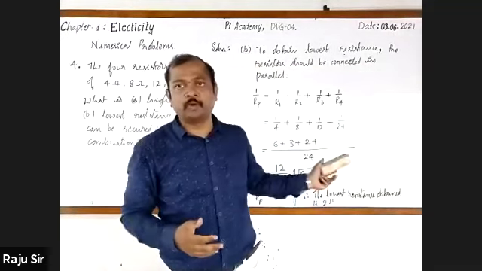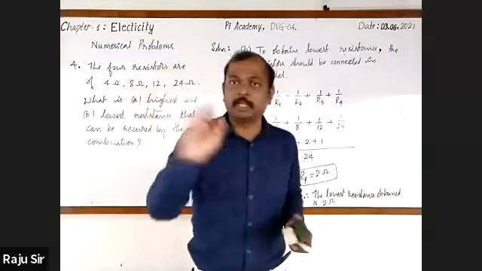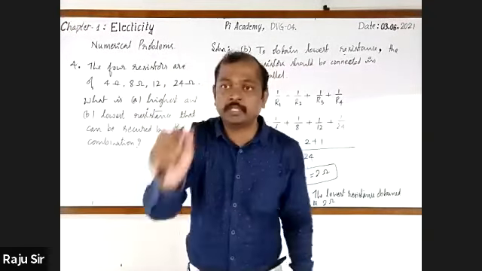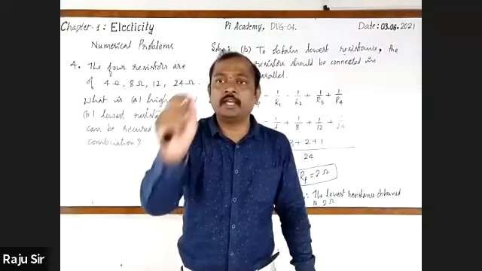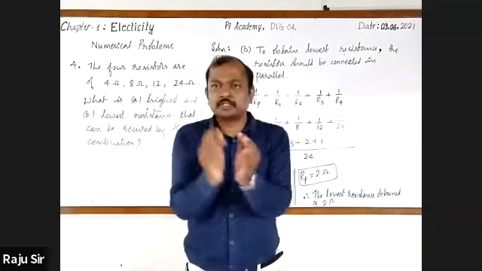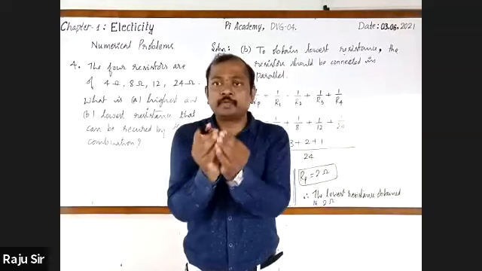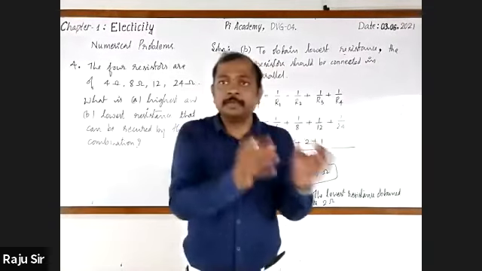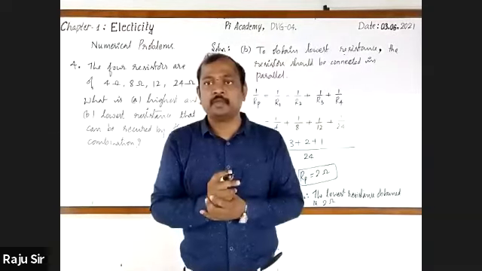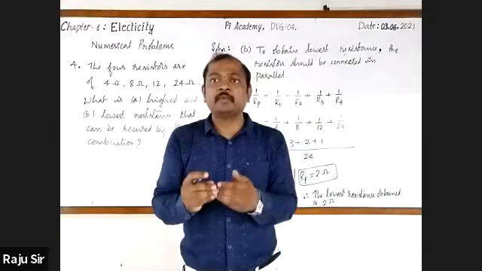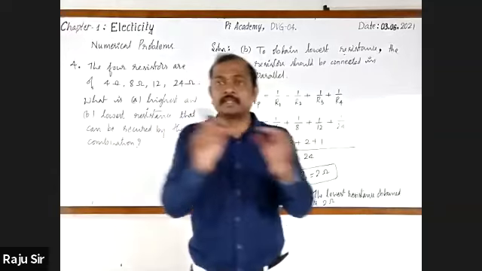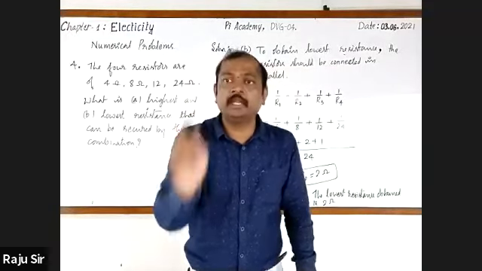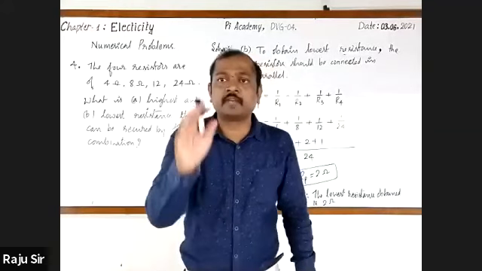Now in the fifth type, we are going to get the desired electric resistance. We will decide how to connect the resistors to obtain the desired, needed or required electric resistance.